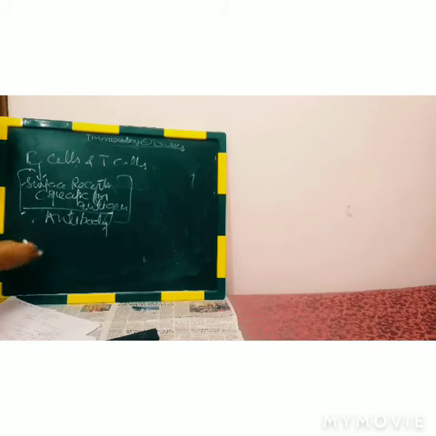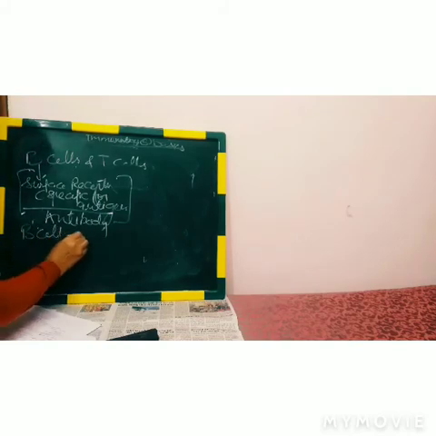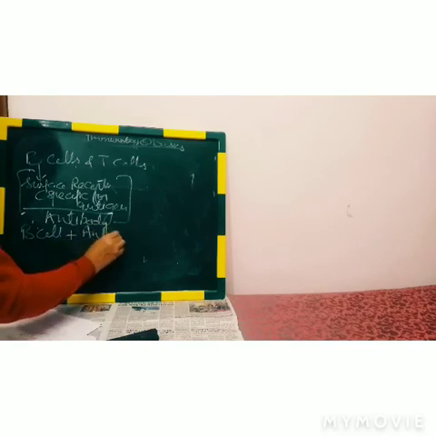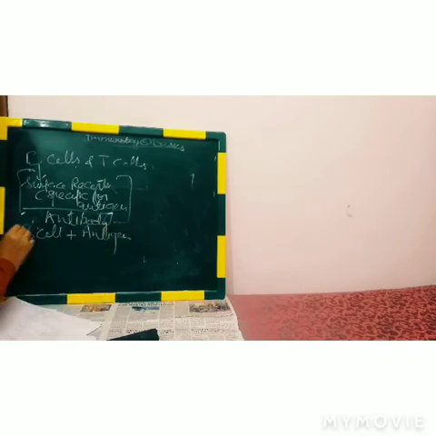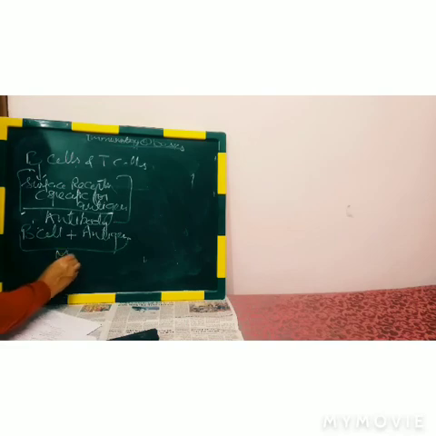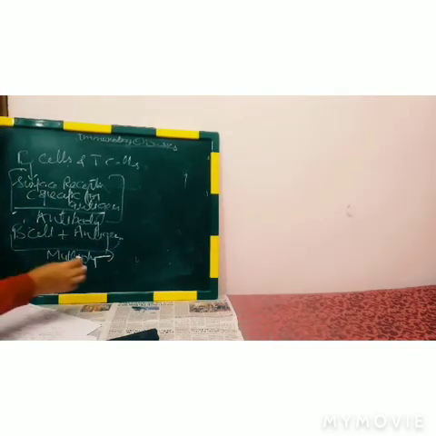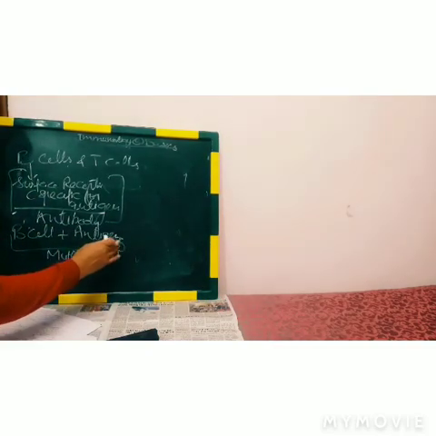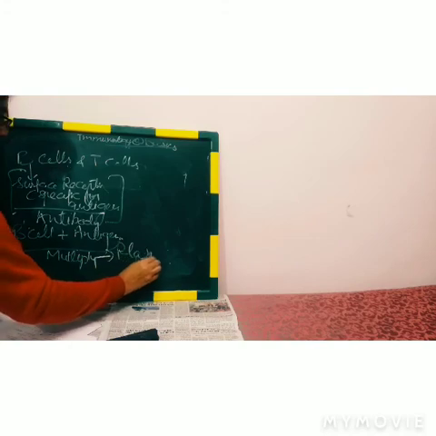And when a B cell happens to come in contact with the antigen, it multiplies. And when they multiply, they form a clone of cells which are called plasma cells.